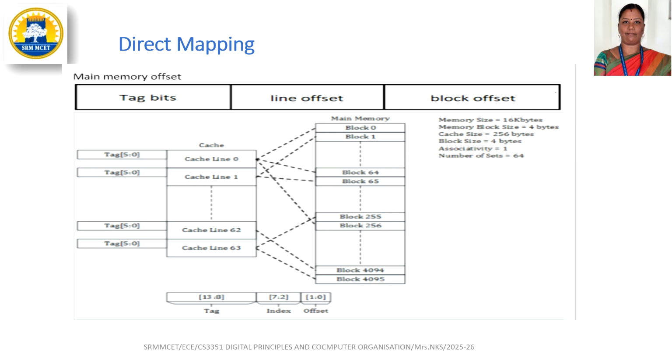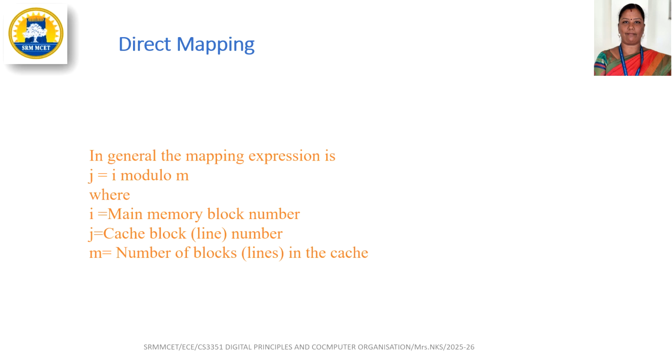Blocks 1, 129, 257 are stored in cache block 1, and so on. In general, the mapping expression can be written as J equals I modulo M, where I is the main memory block number, J is the cache block number, and M is the number of block lines in the cache.